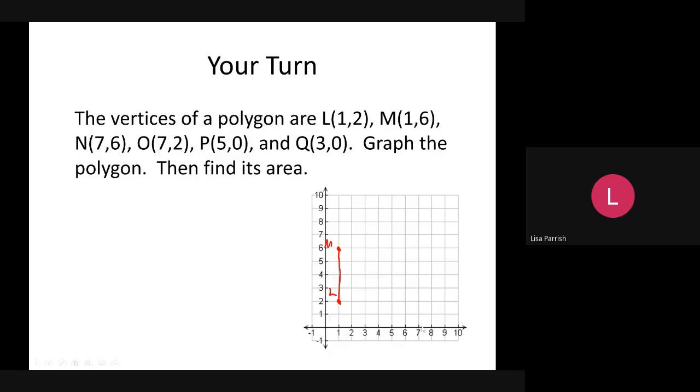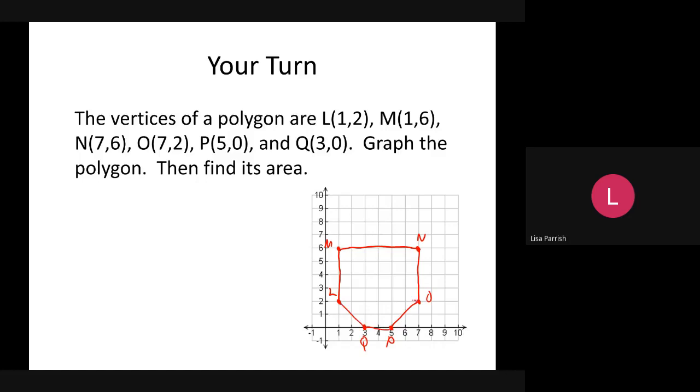So go over to the 7 and up to the 6. O is 7, 2. So go over to 7, up to 2. P is 5, 0. So that means I go over to the 5 and I don't go up or down. And then Q is 3, 0. Over to the 3. Since it's a 0, I don't go up or down.